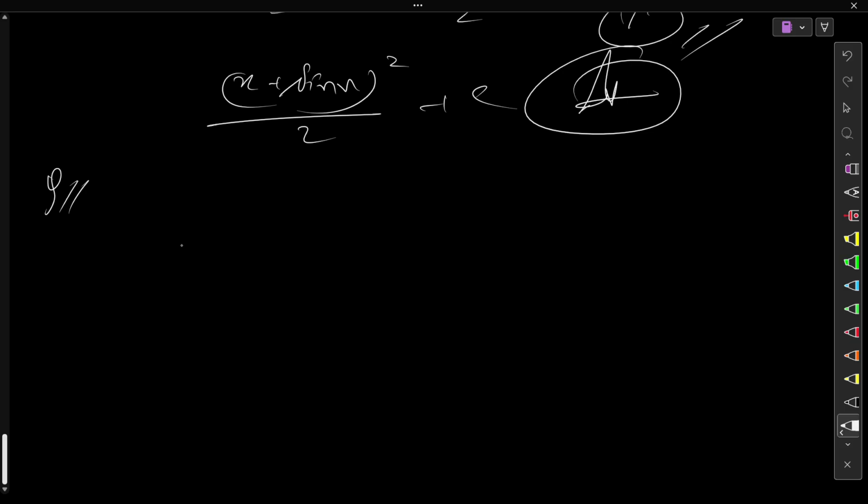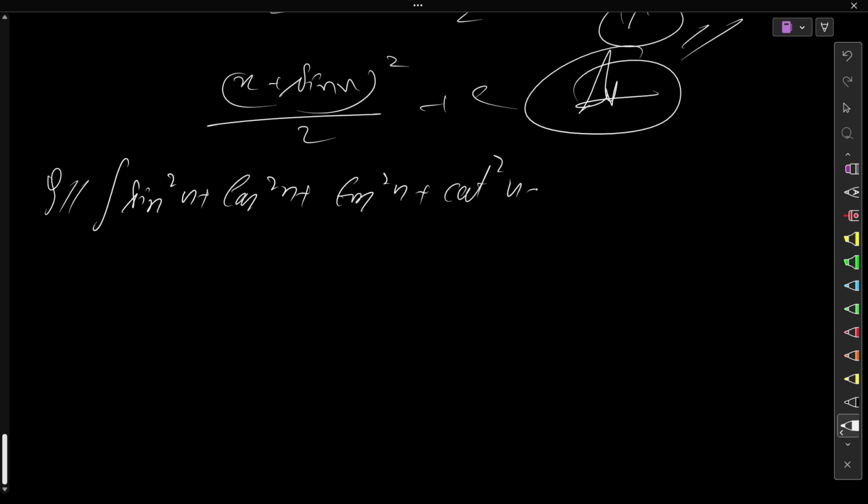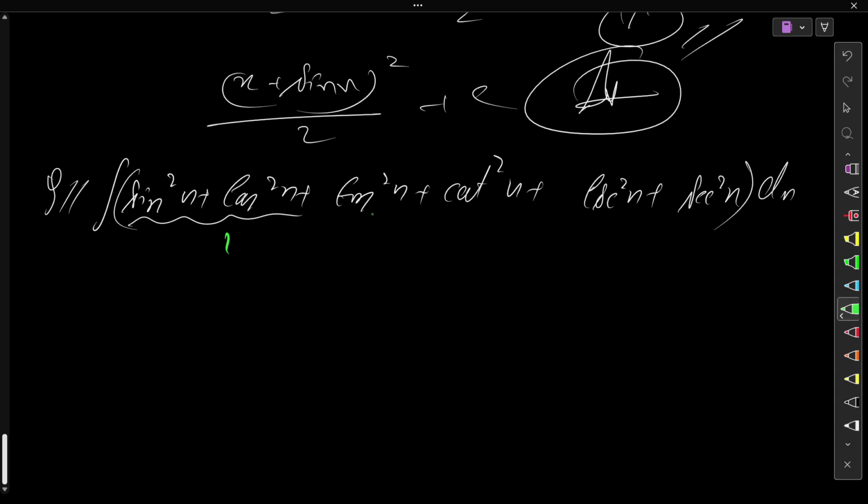So let us dive into the next question. Okay, so the integral of (sine square x plus cosine square x plus tan square x plus cot square x plus cosecant square x plus secant square x) dx. So sine square x and cosine square x could be written as 1, and tan square x could be written as secant square x minus 1.